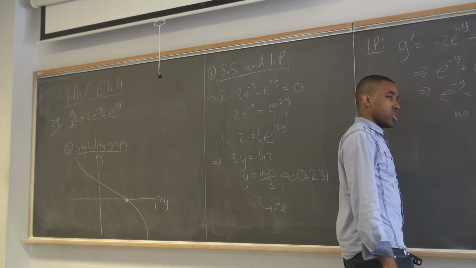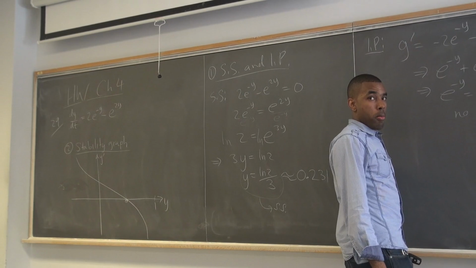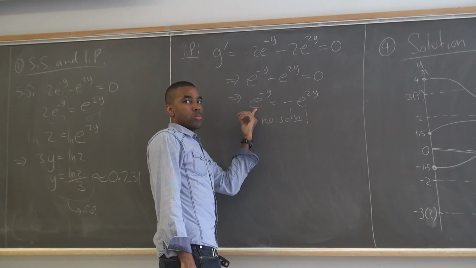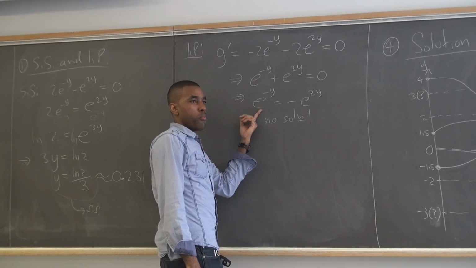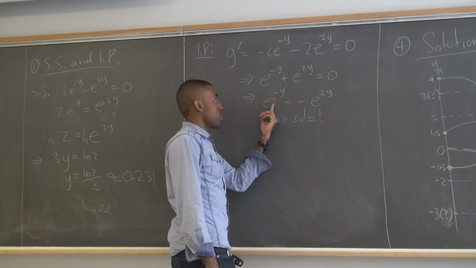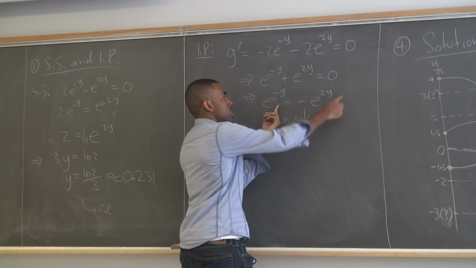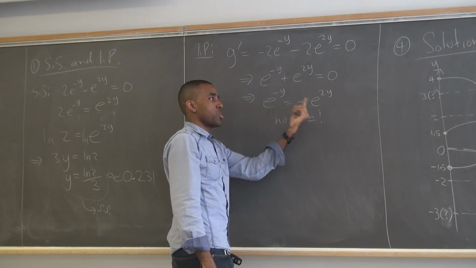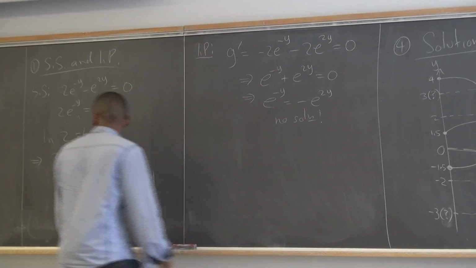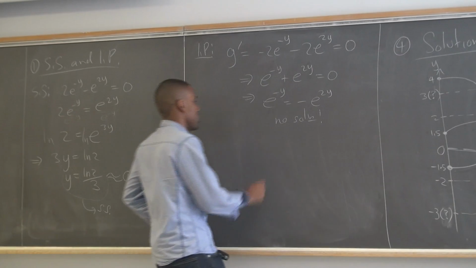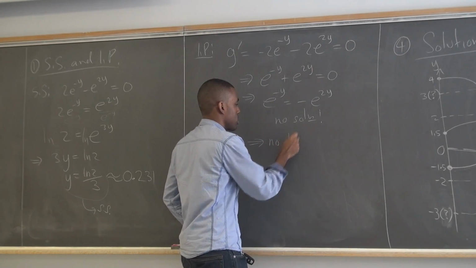How do I know it has no solution? What do we know about the exponential in terms of the signs it takes? The exponential is always positive, right? So this is a positive number, this is a positive number, but then I take the negative of it. So what this is saying is there's a positive number equal to a negative number. Impossible. So I know that has no solution, which is justified by this graph here. I don't see any maximums or minimums, so I wouldn't guess there are any inflection points anyway. So now I know there's no inflection points.